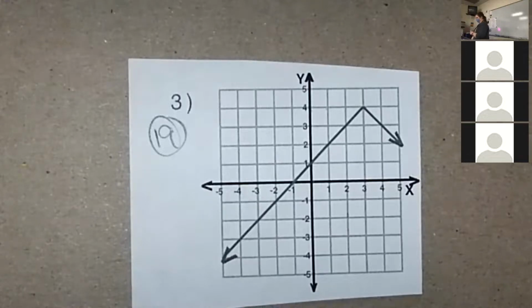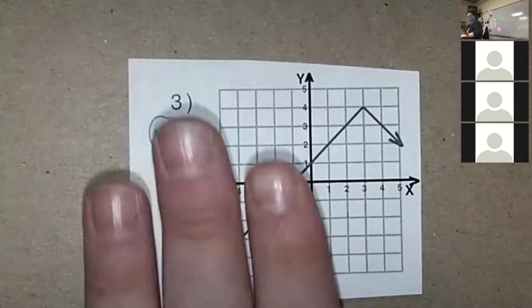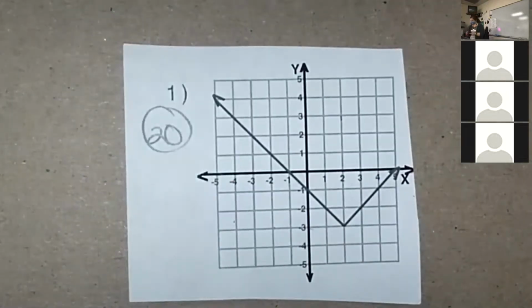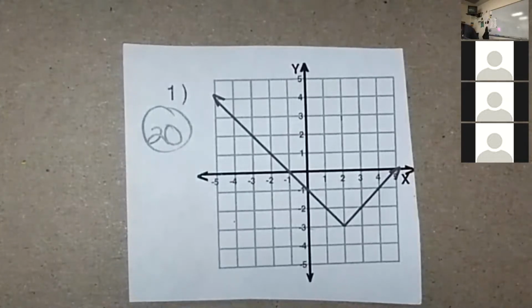We need to figure out 28. Okay. Good. Number 20. Equation. Michael's making everyone second guess themselves.